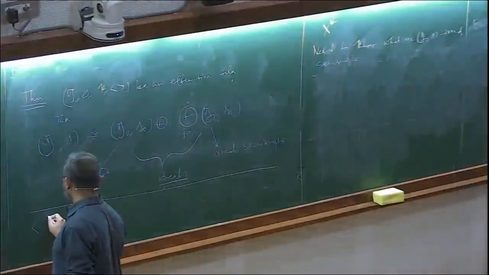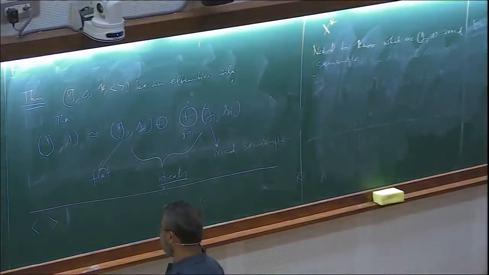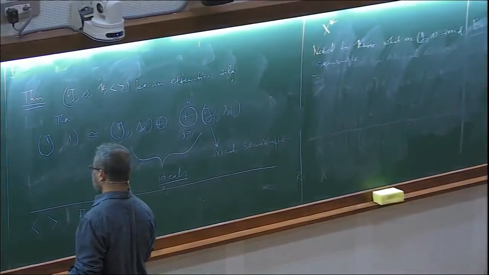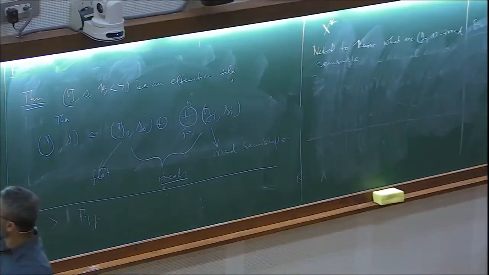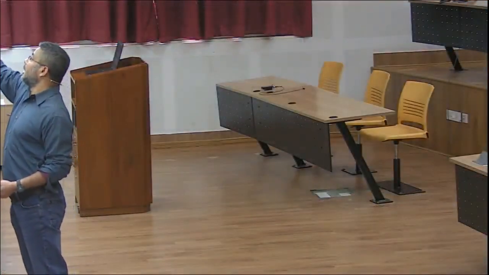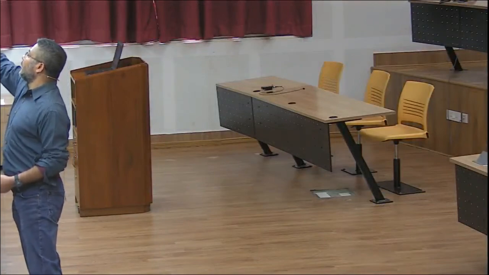One is an inner product and another is a bilinear form, namely the Killing form restricted to P. The Killing form, on a Lie algebra, is trace of ad X ad Y, okay?